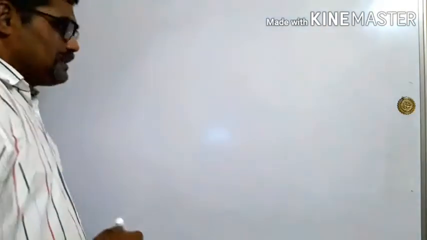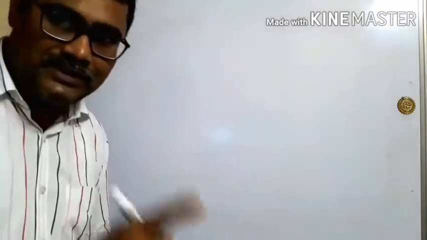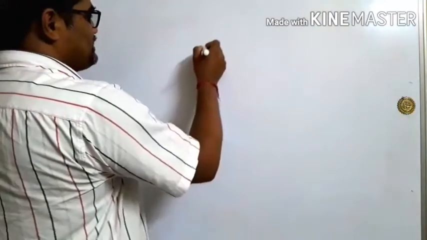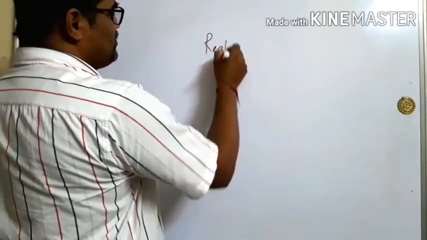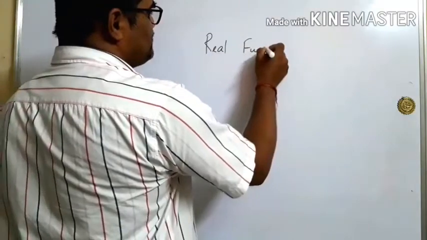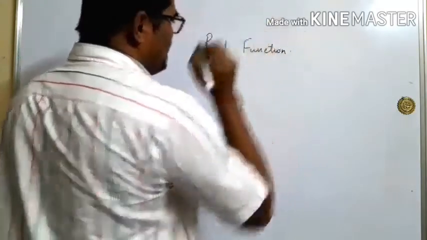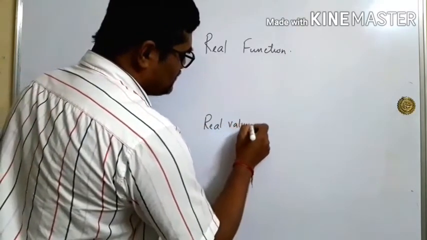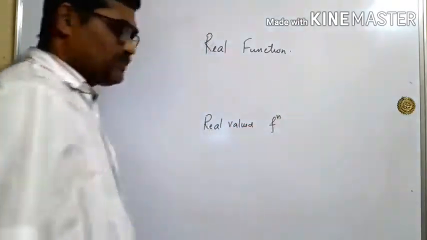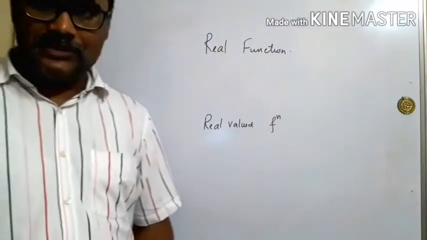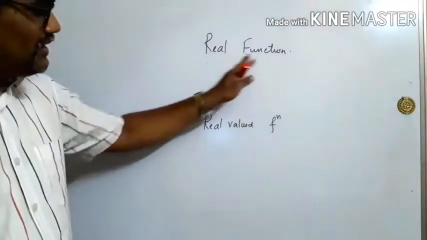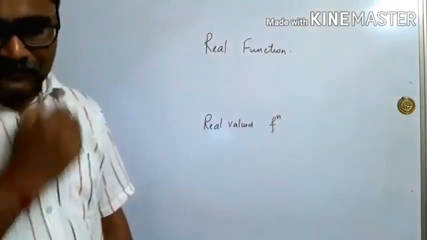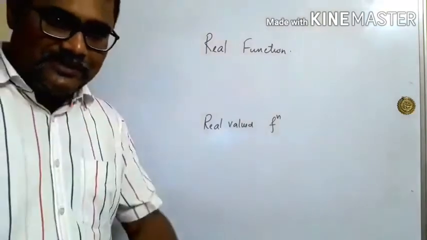Very nice. Now, there is a very important point. The important point is that we have something called a real function and we have something called a real valued function. What are real functions?